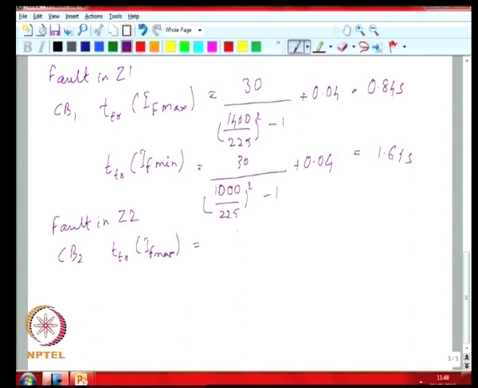For circuit breaker 2, your A is 35 divided by 1000. The pickup current for circuit breaker 2 is 150 amps.